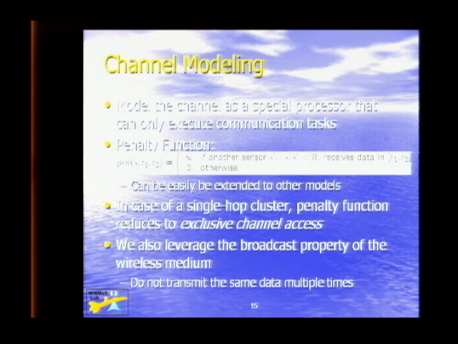Now, in this extreme case, we go for a binary penalty system where we have an infinite penalty if they overlap within the same cluster, or 0 penalty if they don't overlap in time, because everybody is apparently within each other's interference range. However, we can easily extend it to other models where you would be able to account for noise in the network if you can predict that too.